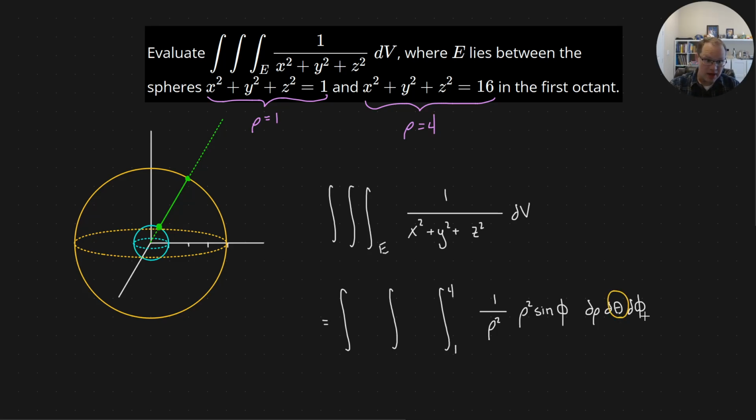And now we need to think about theta and phi. Now theta is our polar variable, our polar angle. And we would start here, and we want to go all the way around this, don't we? We want to go all the way around this sphere. And so it would go from 0 to 2 pi, the full range of theta. And then our azimuthal angle, phi, we want to start up here, and we want to hit everything.